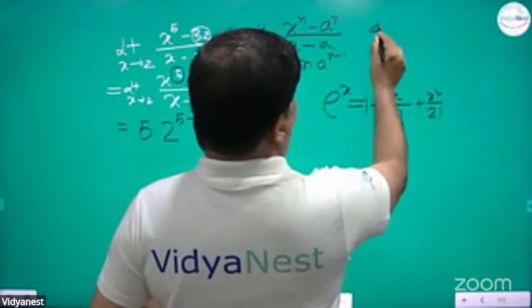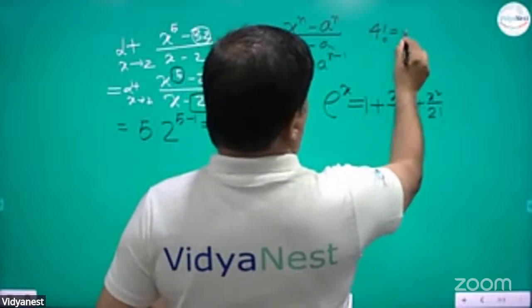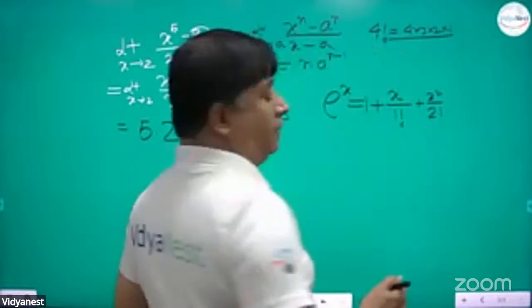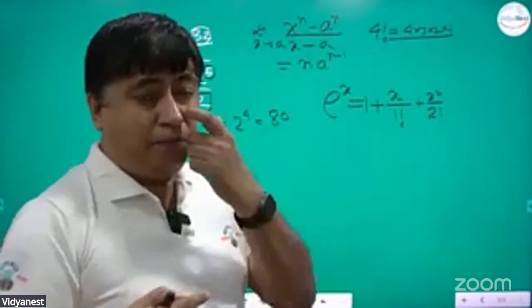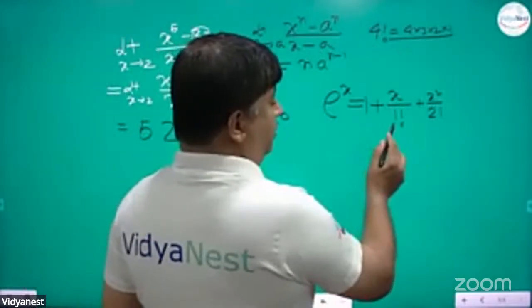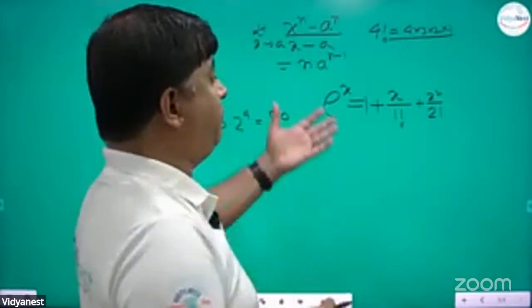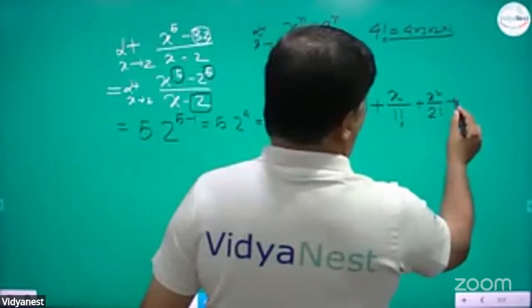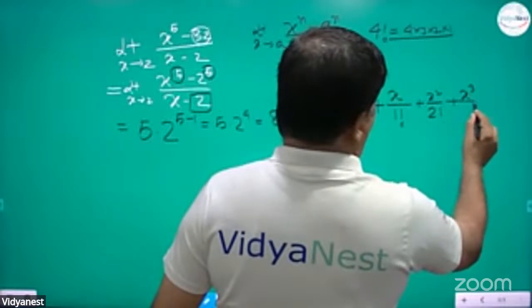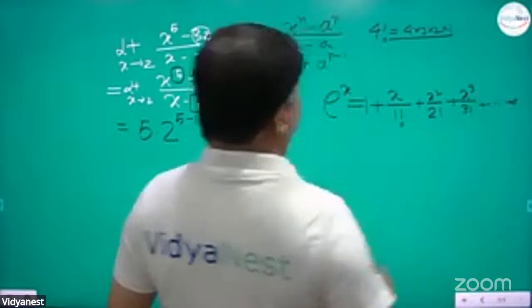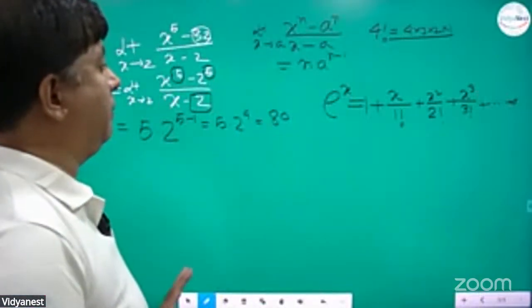Suppose, what is factorial 4? 4 into 3 into 2 into 1. You will be taught this in permutation later, the term with which you will be familiar when you do permutation. Now plus x^3 by factorial 3, up to infinity.